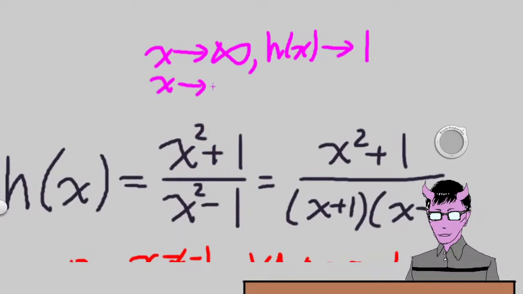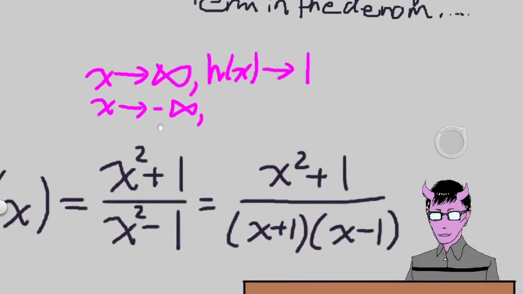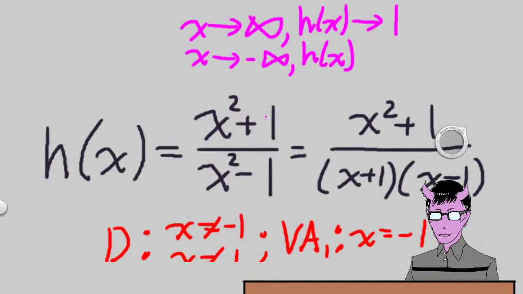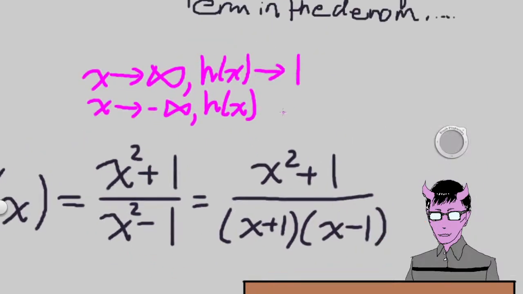So as x approaches negative infinity, what happens for the situation? Same idea. We have here, ignore that. Anything divided by itself except for 0 is approximately 1. I mean, is 1. But this one that we're doing is approximately 1.